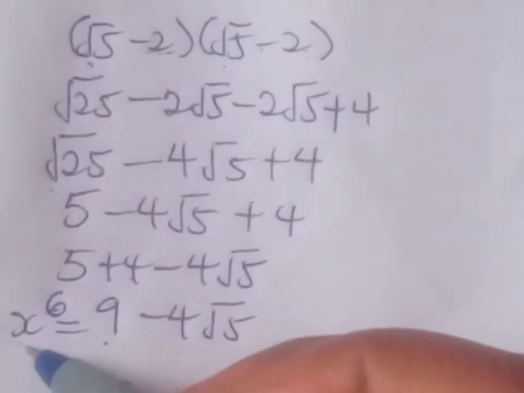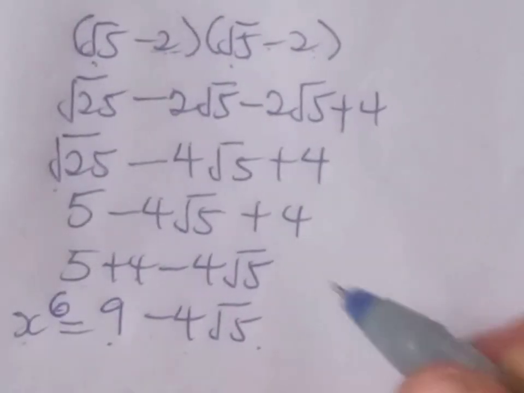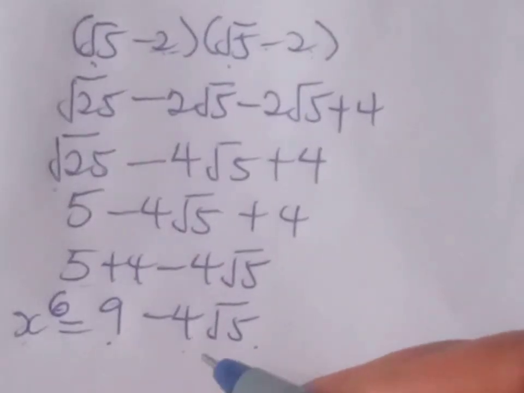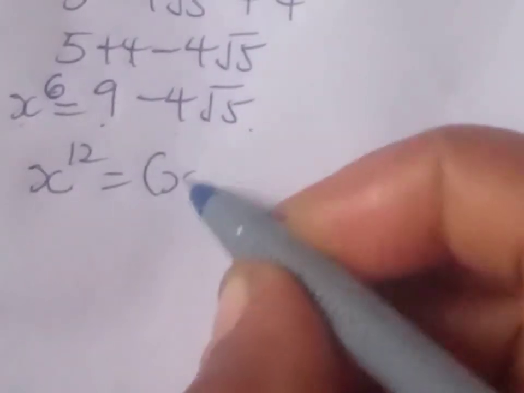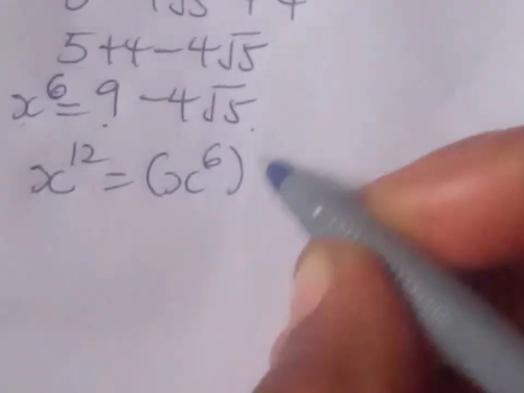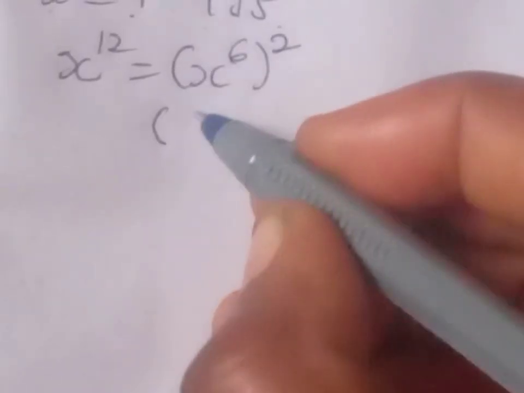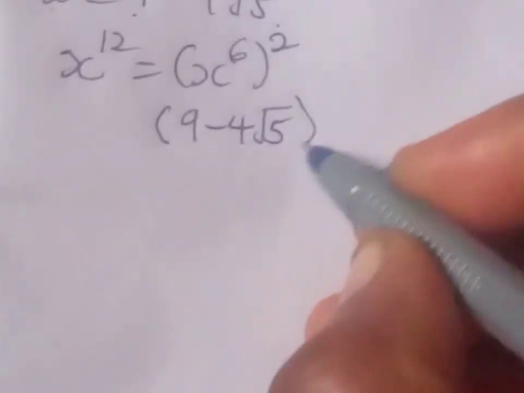Since our x raised to the power of 6 is this, it will be easier for us to calculate x raised to the power of 12. So let's calculate x raised to the power of 12, which will give us x raised to the power of 6 to the power of 2. X raised to the power of 6 is 9 minus 4 root 5.